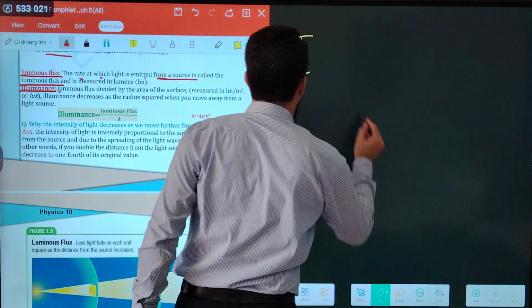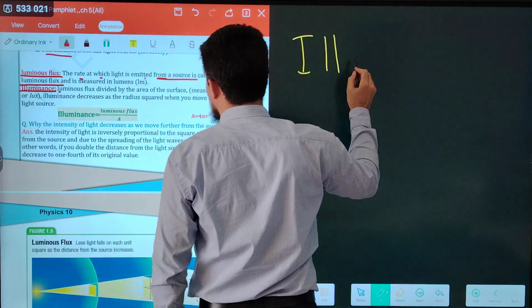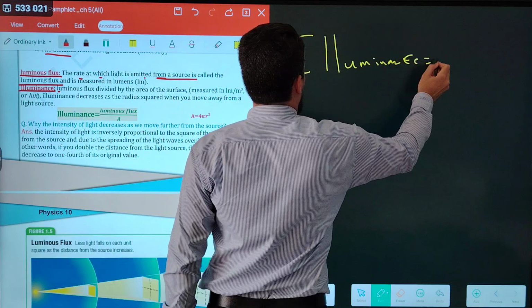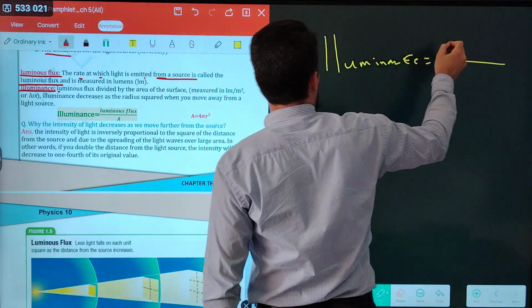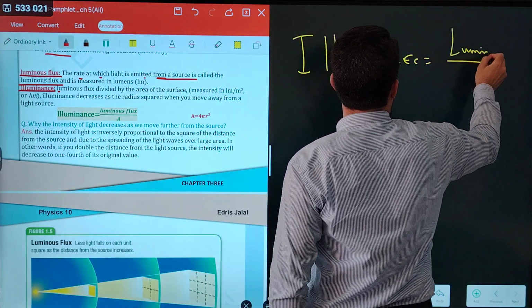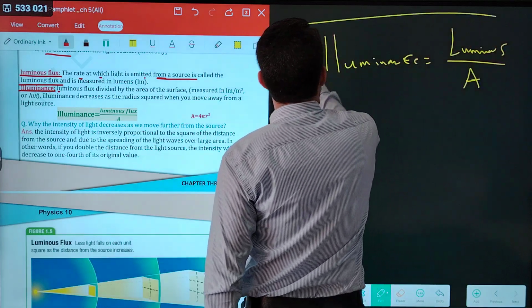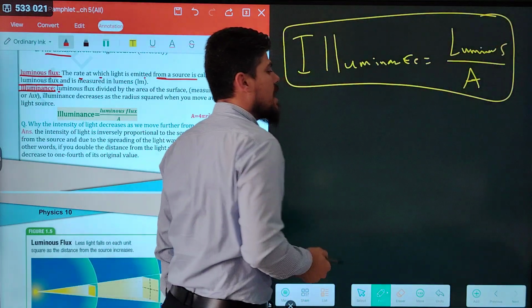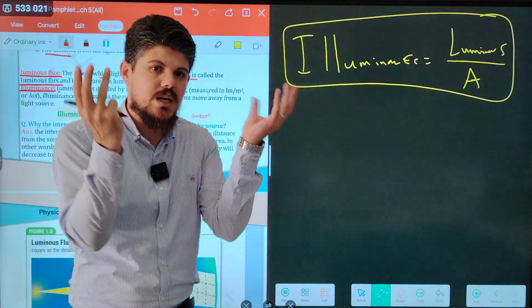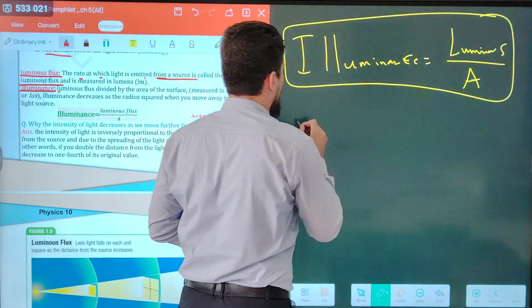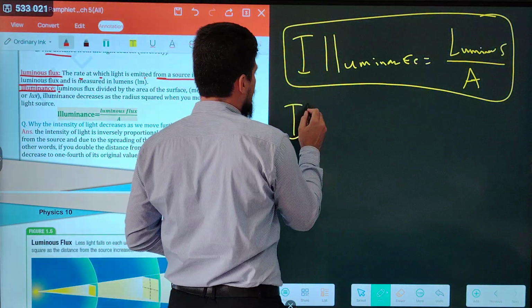Illuminance, guys, look, is equal to what? Luminous flux divided by what? By area. The area of the propagation of the light, as you know, the light propagates in a spherical shape, okay? So the area of the sphere is equal to 4 pi r squared.